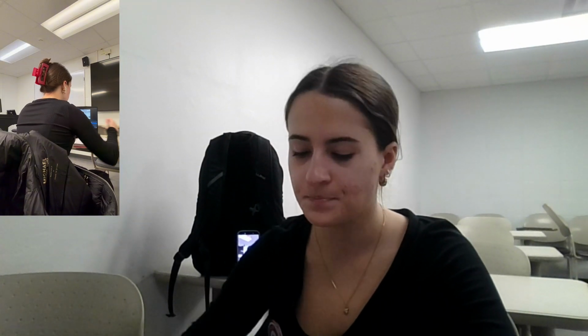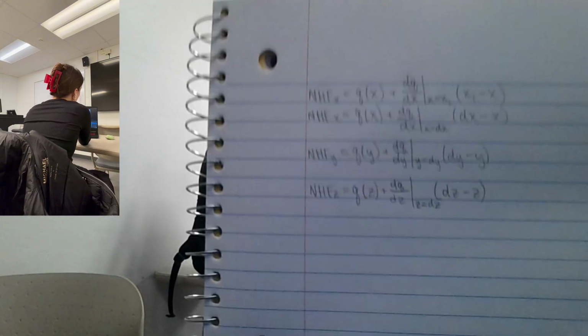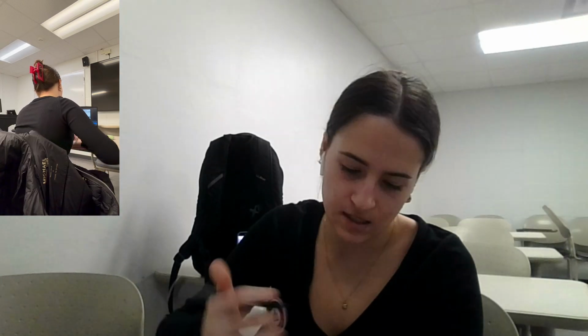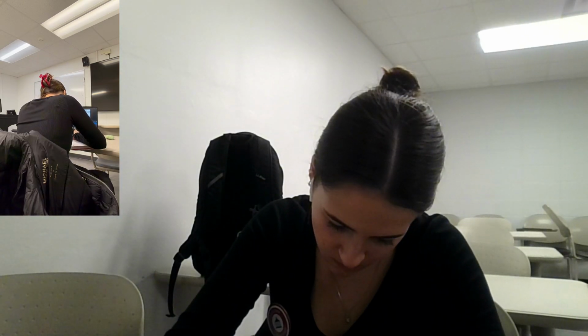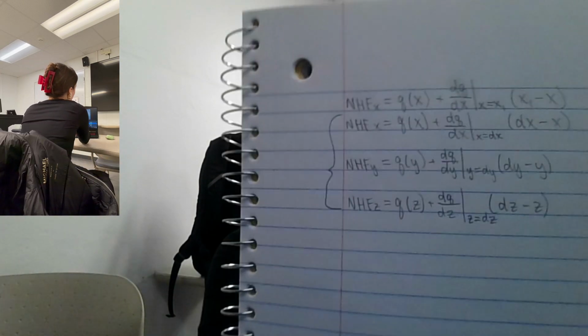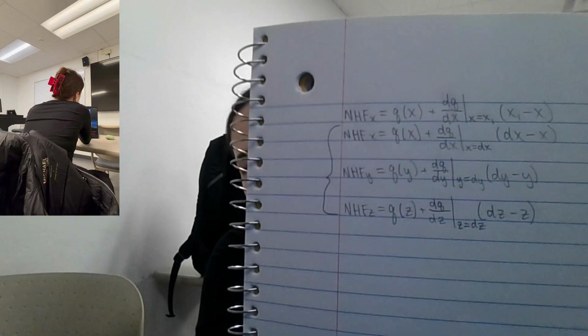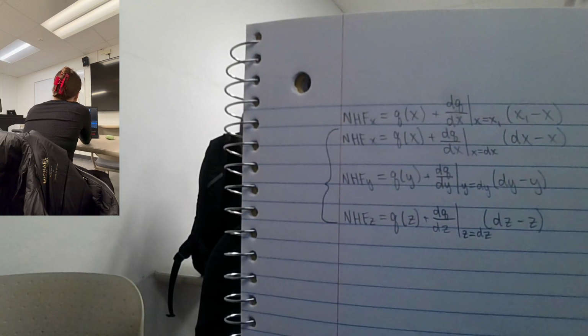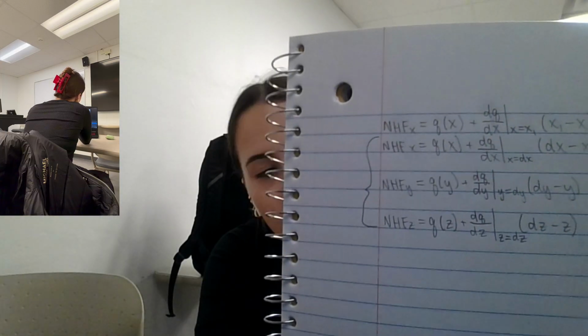And then dz minus z for our change in z direction. So these are the three net heat flow equations that we get now, so these three, and these are accurate to our example that we're specifically looking at.